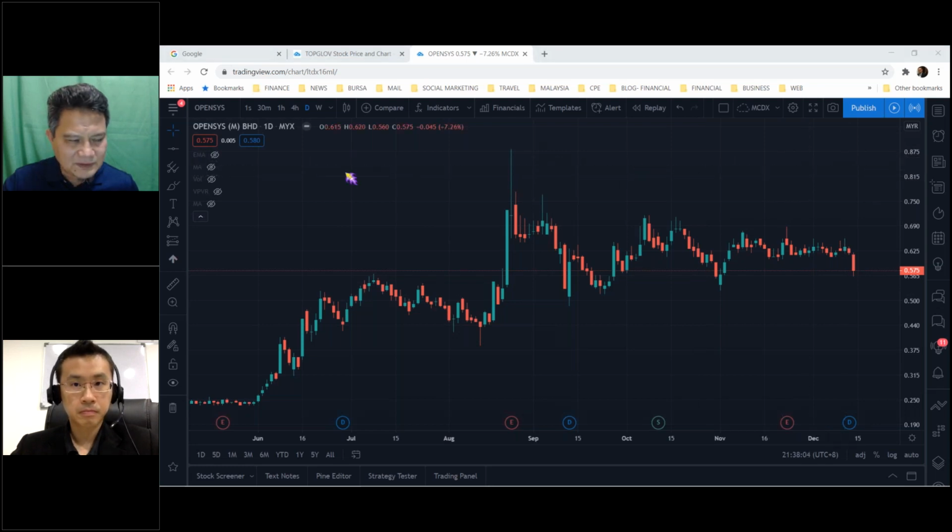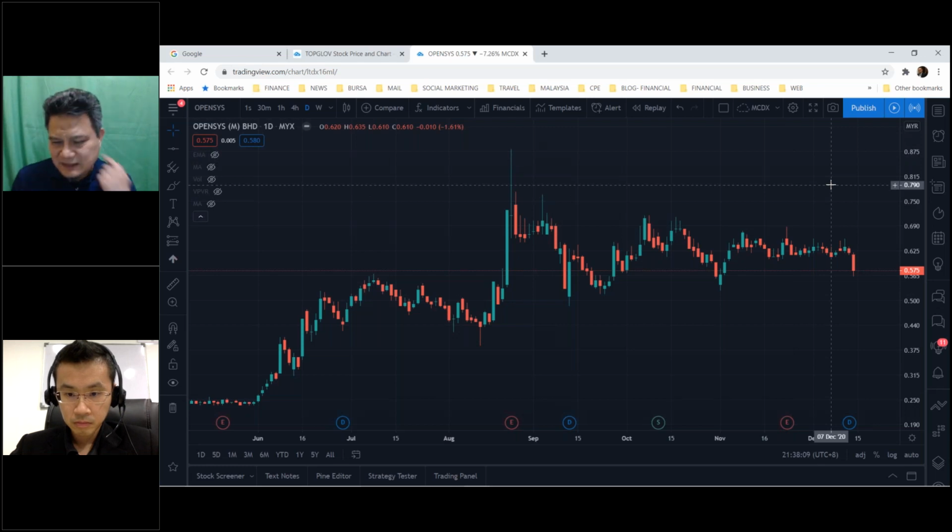Let me have a look. Okay, so yes, you can see there is no reversal pattern. The market is going sideways, and then going down. There is not a reversal pattern yet, so there's nothing you can do.